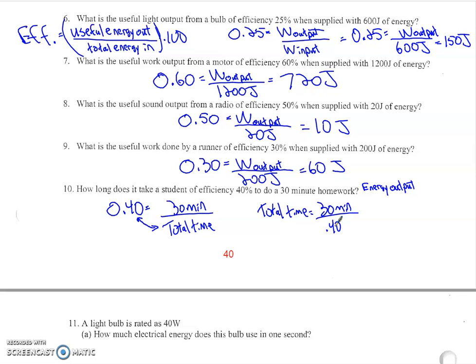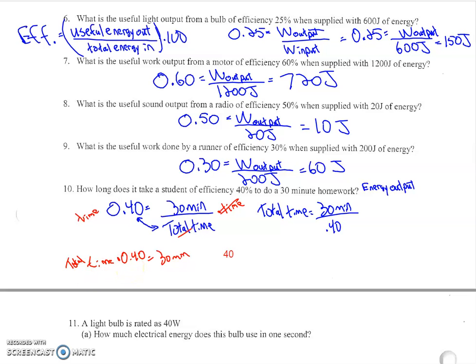Because what happens with this, a little bit of math here, you have to multiply both sides by the time. So what you have is the total time times this 0.40 is going to equal the 30 minutes. And then you want to get total time by itself.